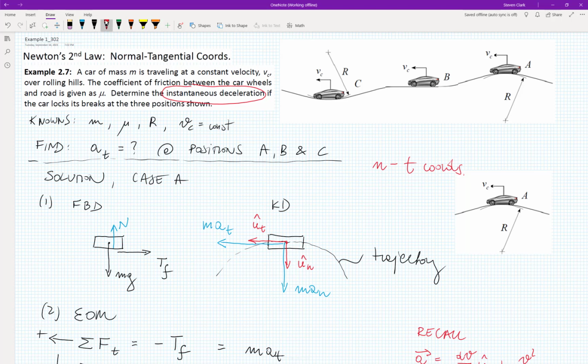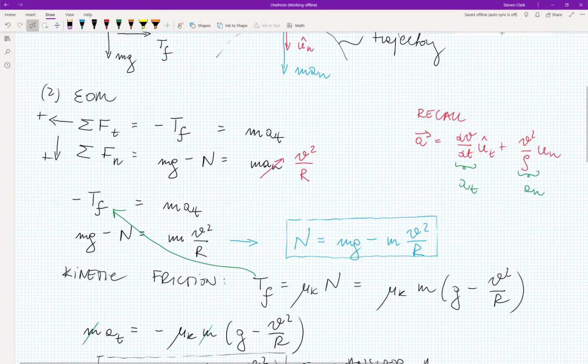And now the second part of your question is why we don't find a_n, and if it's zero. We actually found it. It's here. So your a_n is the velocity of the car squared divided by r. We know the velocity of the car, and we know the radius. So we actually know that value. This is the acceleration, and it's not zero. It would be zero if it's a straight line.